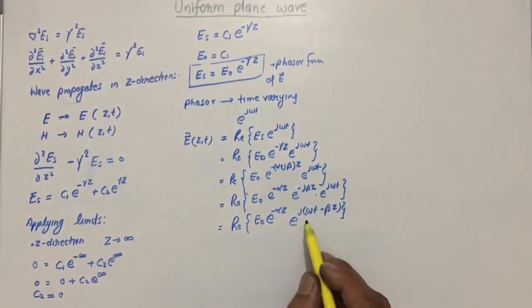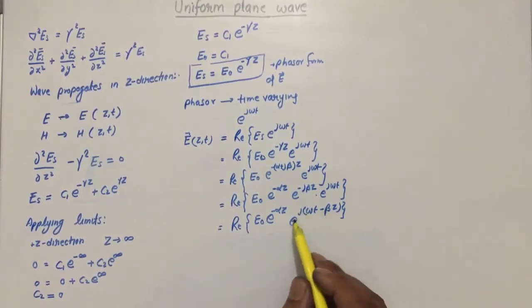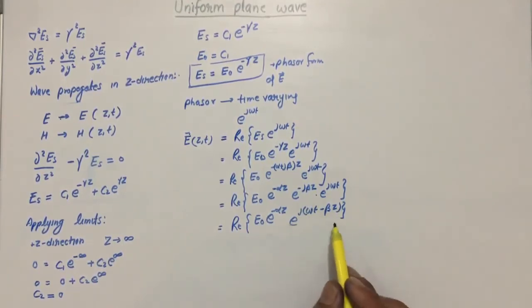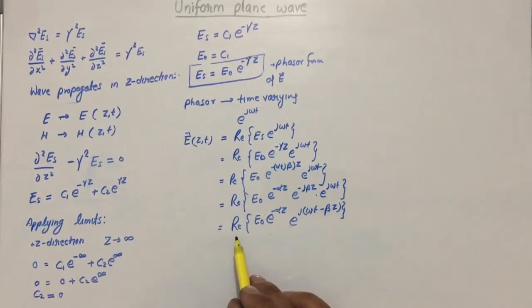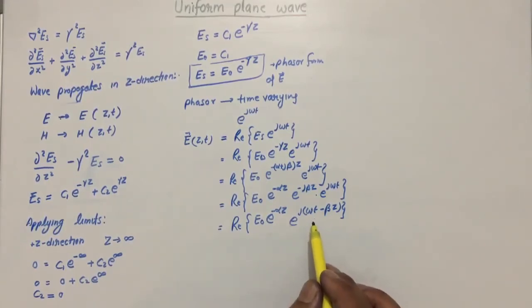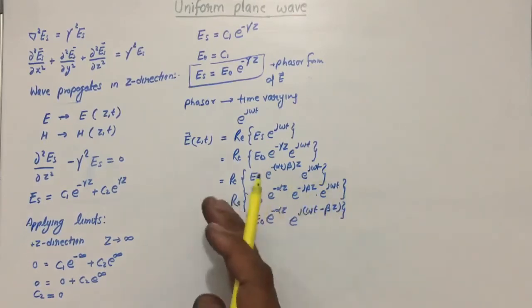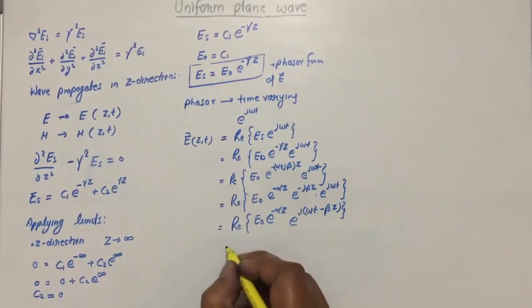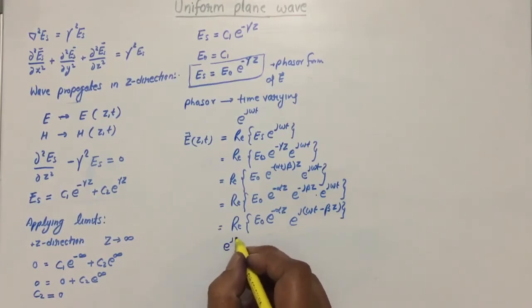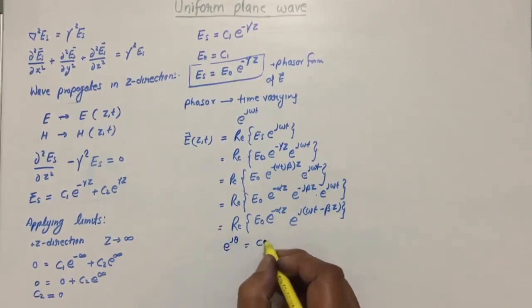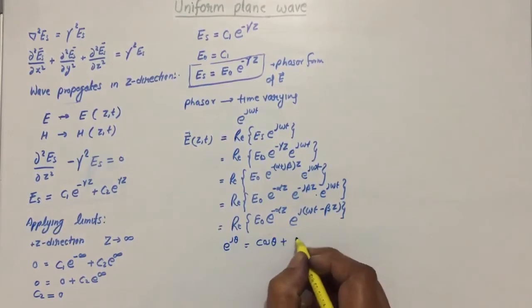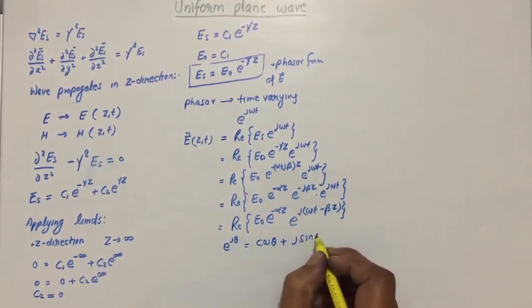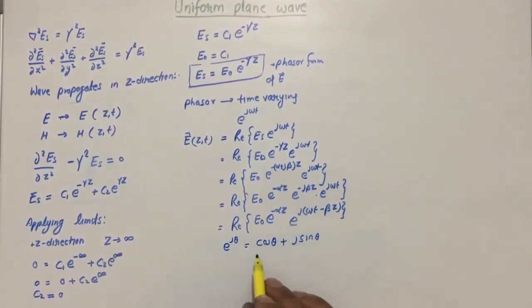This exponent includes a real part and imaginary part, but we require only the real part. So break it into real and imaginary and take only the real part. We know e to the power j theta can be written as cos theta plus j sin theta. So in this way break this as well.